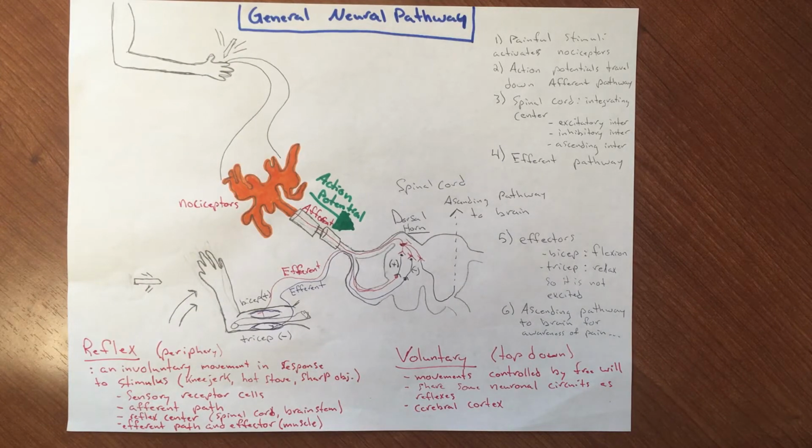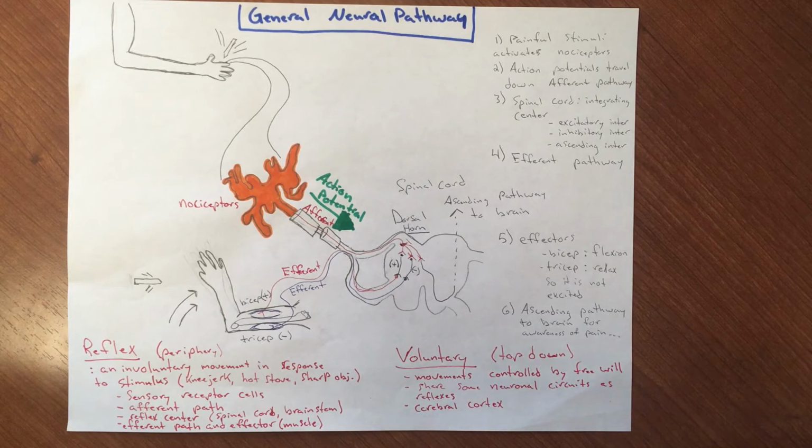So before I get into the actual pathway, I want to quickly talk about two different types of movement. We have reflexes, which are an involuntary movement in response to a stimulus. So this would include a knee-jerk reflex, touching a hot stove and pulling your hand back automatically, or in this scenario, being poked by a sharp object.